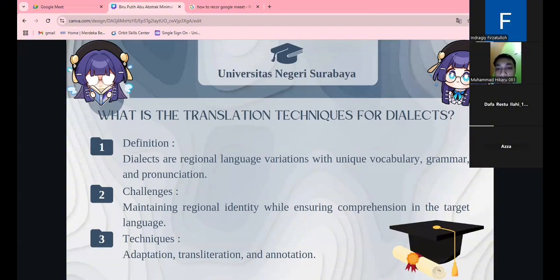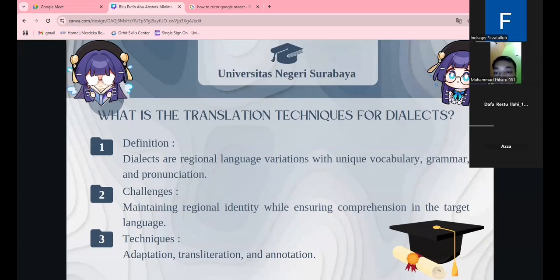Dialects are regional variations in language that encompass unique vocabulary, grammar, and pronunciation. Translating dialects presents challenges, such as maintaining regional identity while ensuring that the target audience comprehends the message.